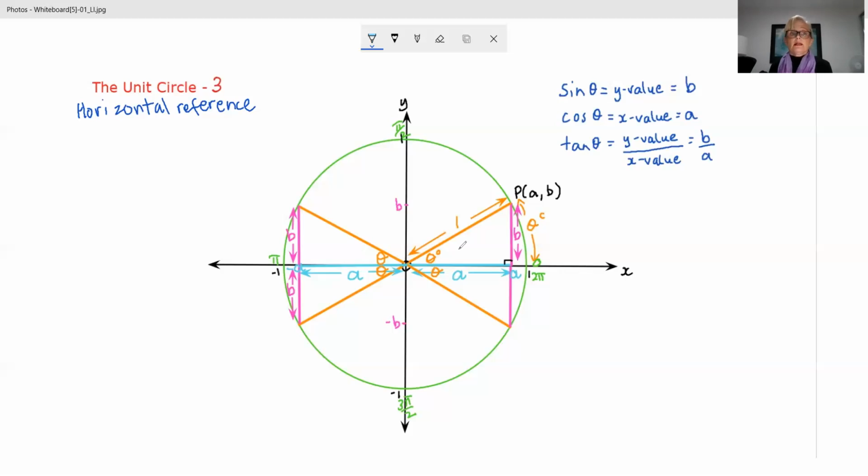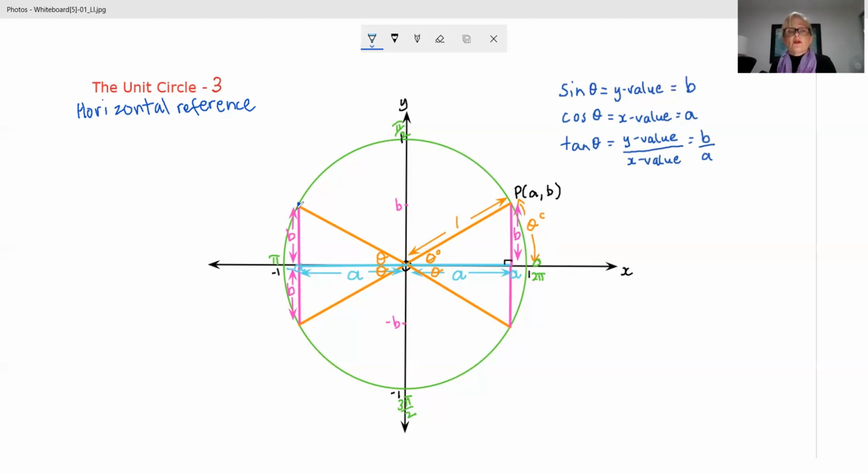All right, let's have a bit of a think about this point over here. This point in the second quadrant, how would we talk about the position of that point in radians? Well, we've gone all the way around to pi and we've come back by theta, haven't we?